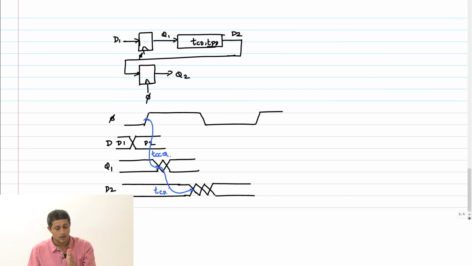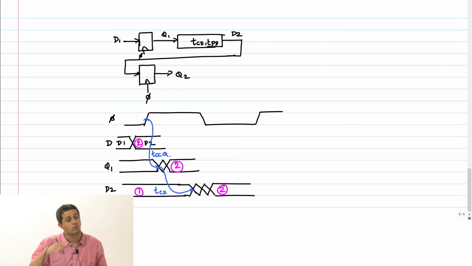Now, earlier in the previous cycle, at D2 there was some earlier value that had to be sampled. Okay, so if you look at the D2 guy, this is some value. Let me call this event 2. Event 2 has happened here.